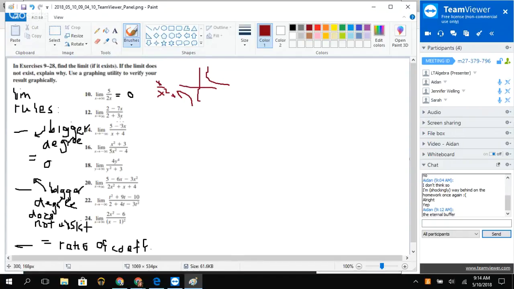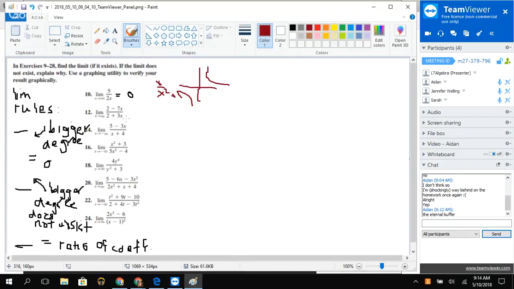Okay. So what do you notice about 12? We have the limit as x approaches infinity of 2 minus 7x over 2 plus 3x. Okay, so this is one where the degrees of our variables are the same. We have a first degree in the numerator and a first degree in the denominator.